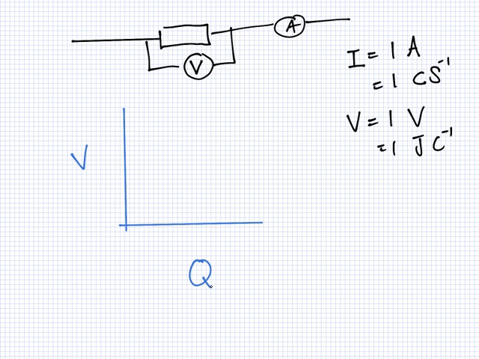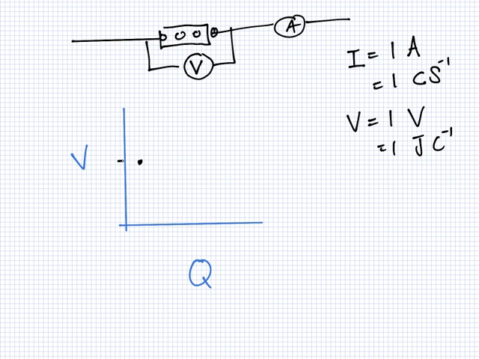Now this might seem like a kind of a silly graph because every time 1 coulomb travels through the resistor, the voltage is constant. It's always 1. So at the beginning, when only 1 coulomb has travelled, the voltage is 1.